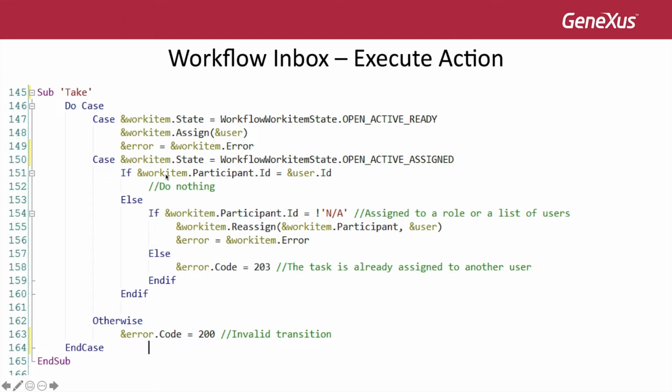In that case, it's going to do nothing, but in case the user executing it is not the user that has previously executed the work item, it will reassign the work item to the user who's running the inbox. So here we'll use the reassign method of the work item and will reassign to the participant the user who is running the workflow inbox.